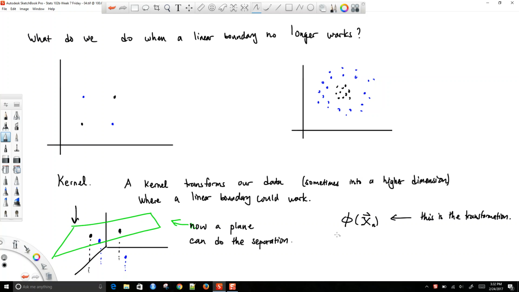So we do not even need to know the transformation, we just need the resulting inner product after the transformation.